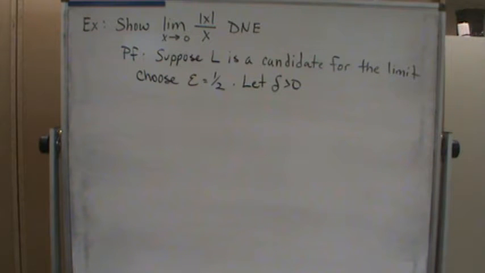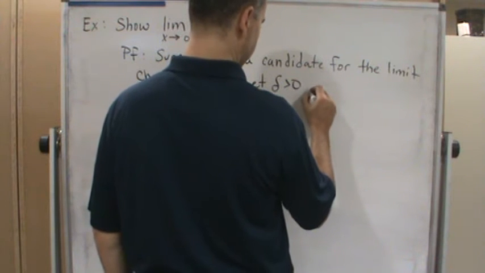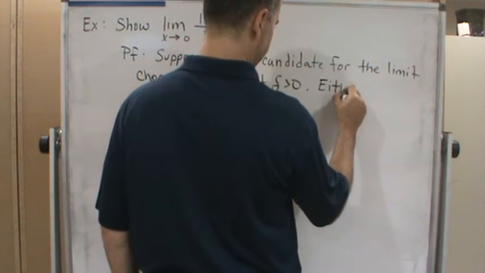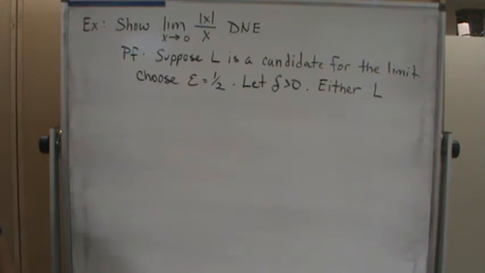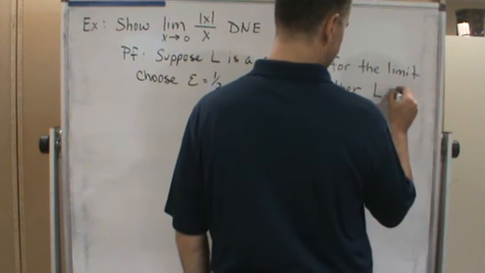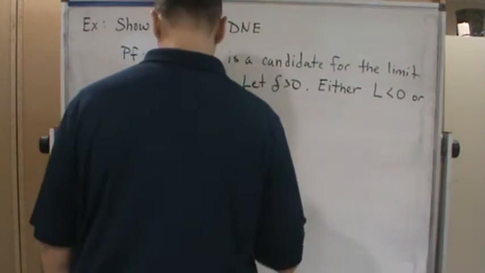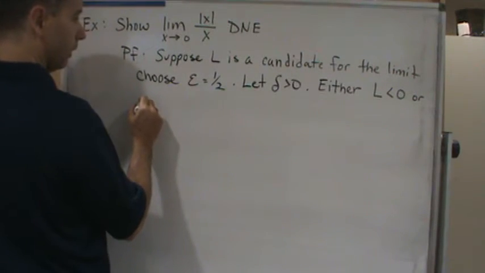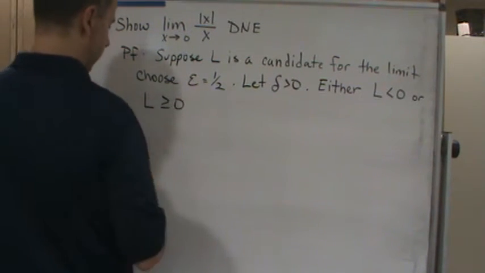Now, either L is going to be greater than or equal to 0, or it's going to be less than 0. So either it's going to be negative or non-negative, right? So either L is less than 0 or L is greater than or equal to 0.